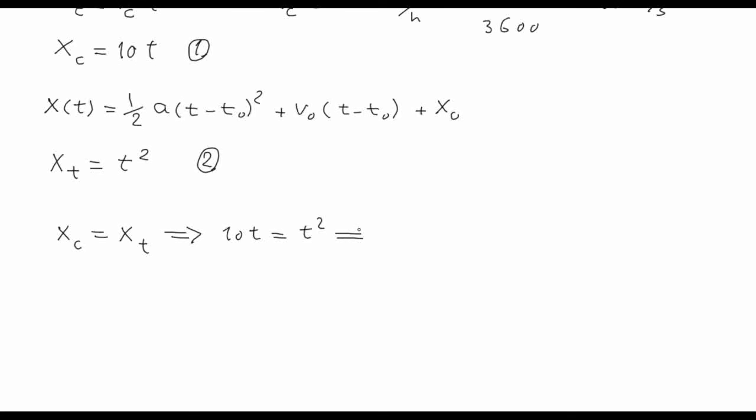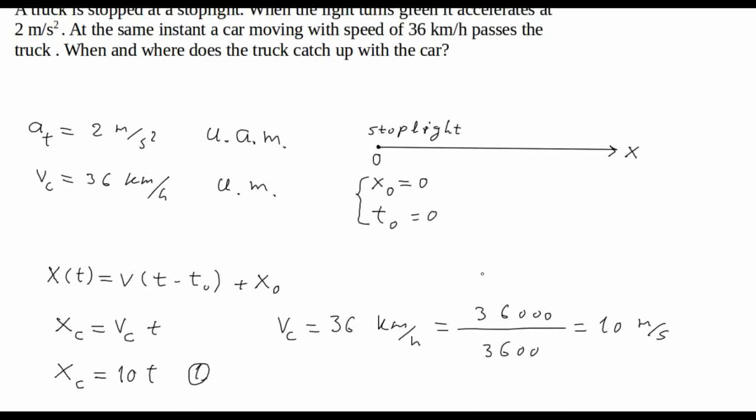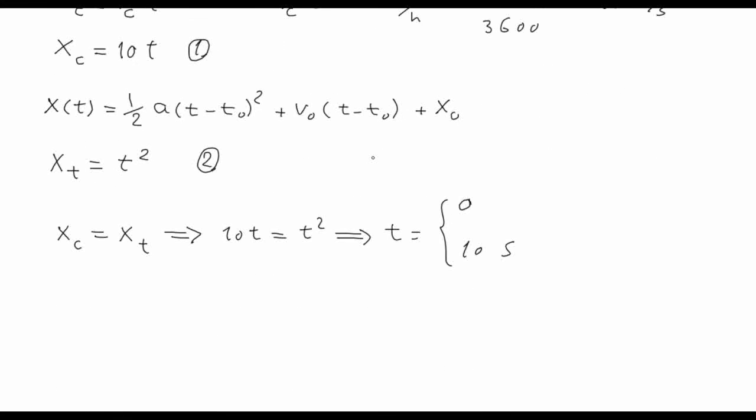And you can find two values for t, which are 0 and 10 seconds. t equals 0 belongs to the origin of the x-axis, and t equals 10 is when the car and truck meet each other again.